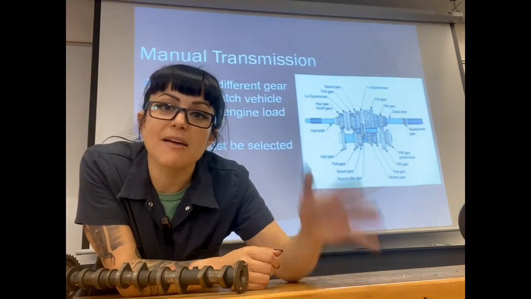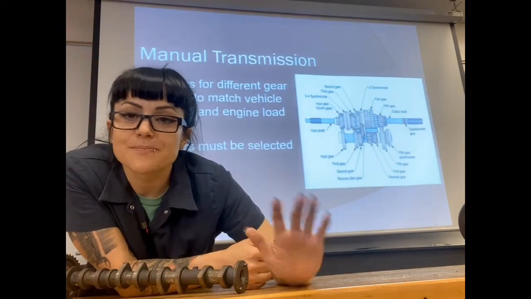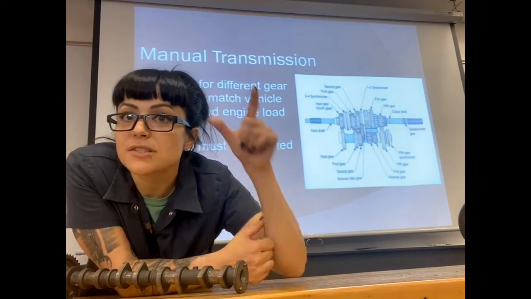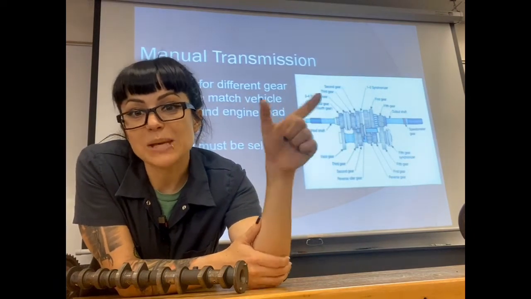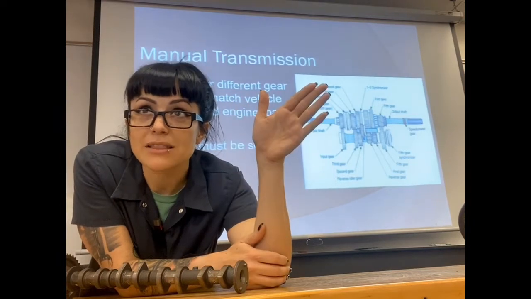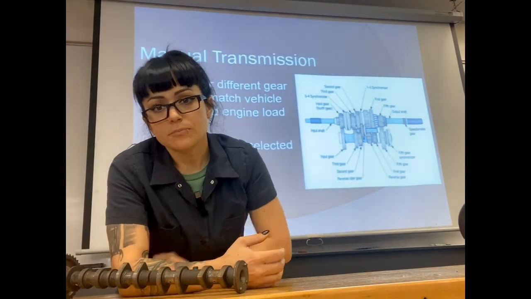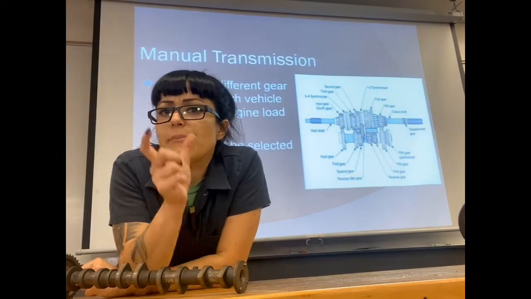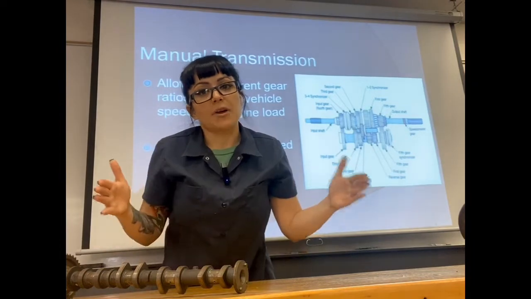Why can't we just have the engine straight to the axles and the wheels? You would have such a small window of power and speed that you would have such a hard time taking off at red lights, and you would not have a very high top speed because your engine only makes a short window of torque. With gearing, we widen that range.